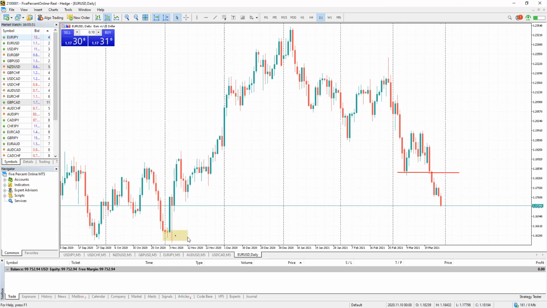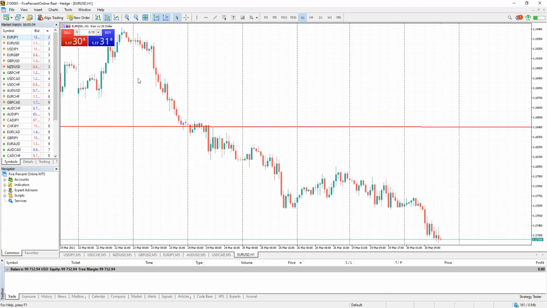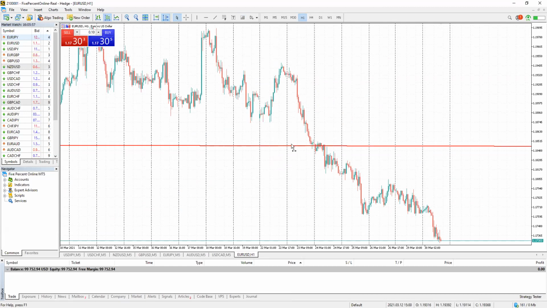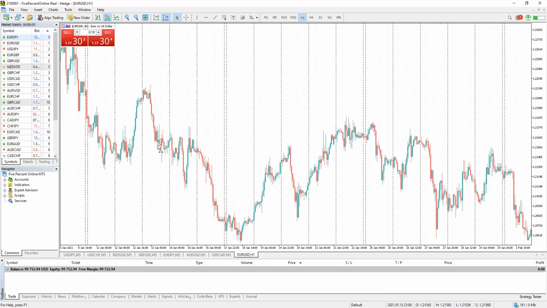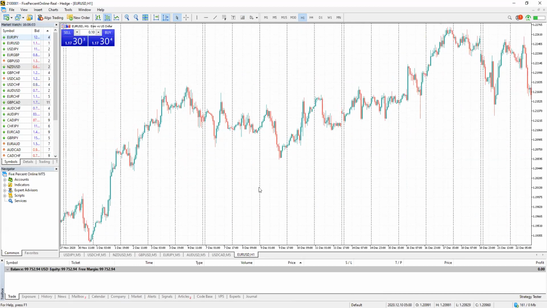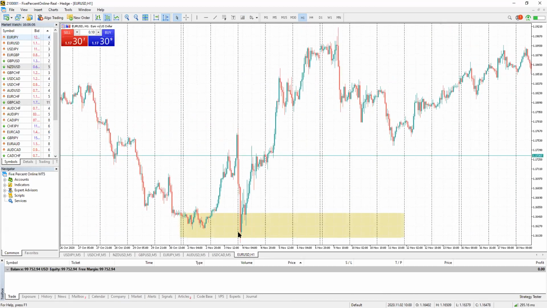But if we see that on lower time frames, let me show you that. Okay, just look at the formation. This doesn't look like a very strong demand.